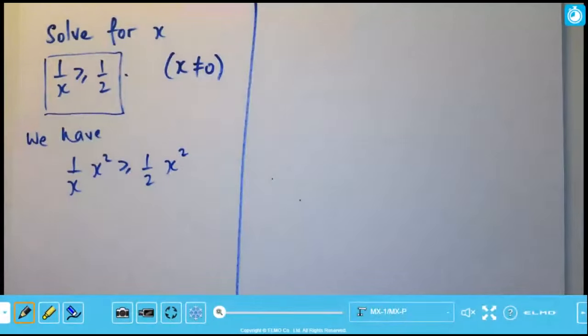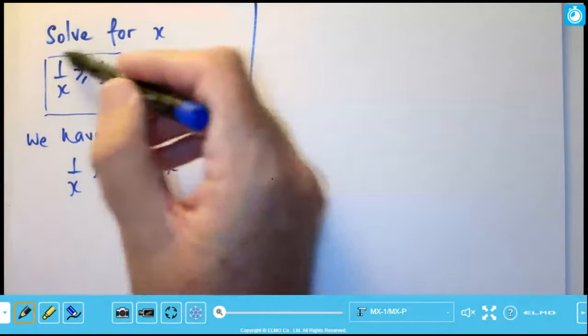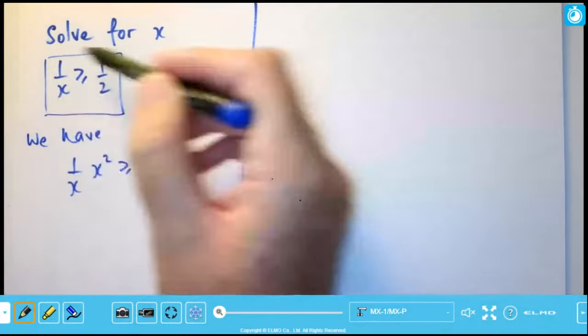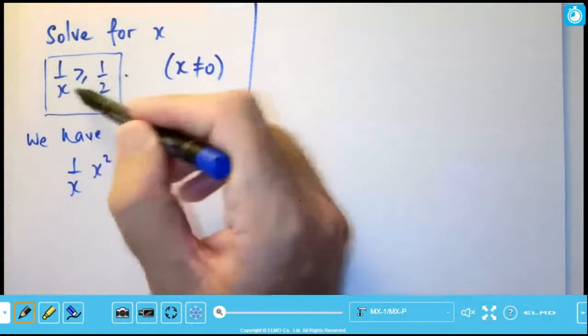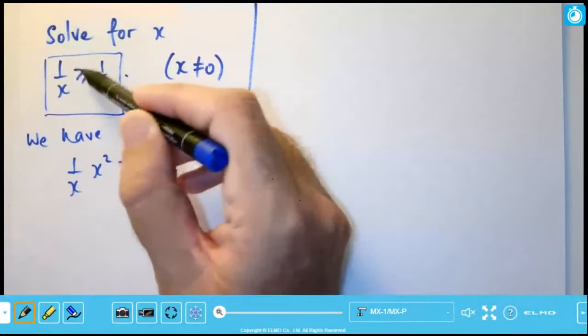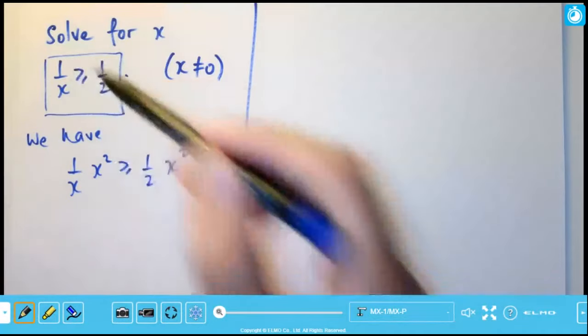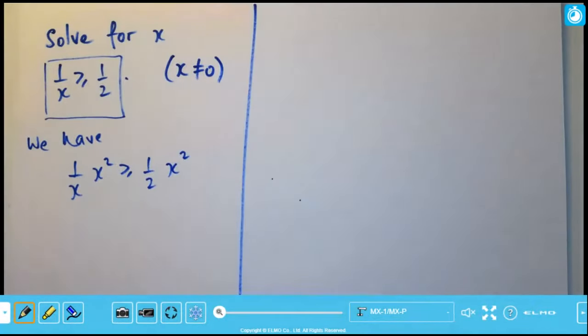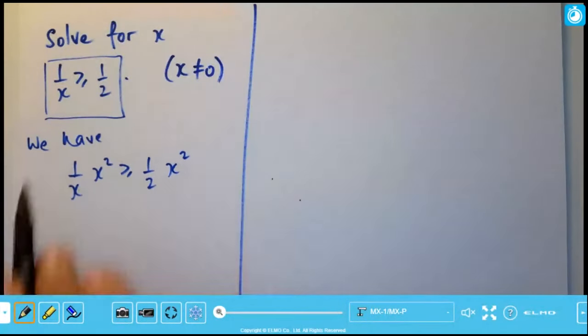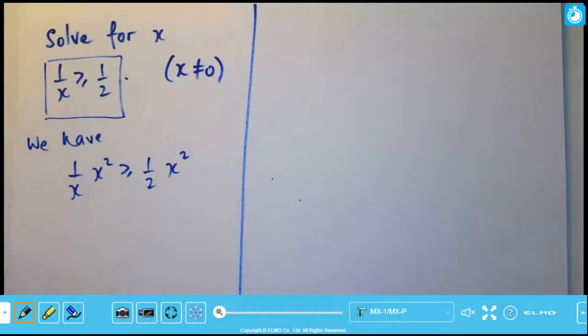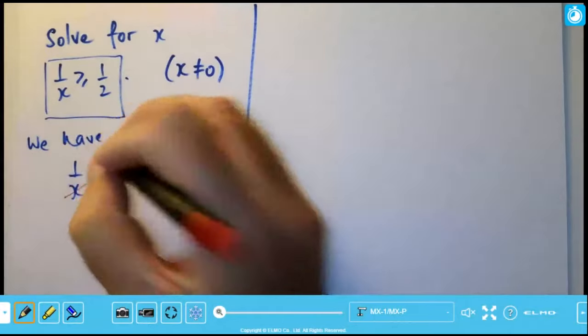Okay, because x might be negative, says Ricardo. Okay, yeah, you're right. When we multiply both sides by a positive number, then we can keep the same inequality. Otherwise, as you say, you have to worry about whether it's positive or negative. So here, x squared is positive. Let's multiply both sides and we can simplify, right?